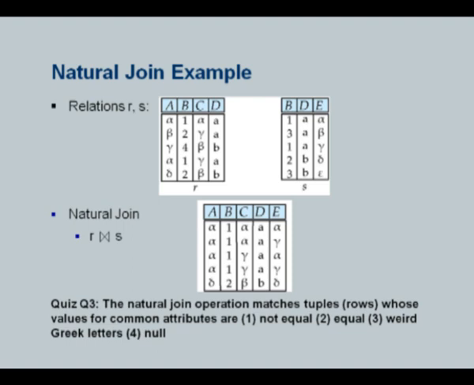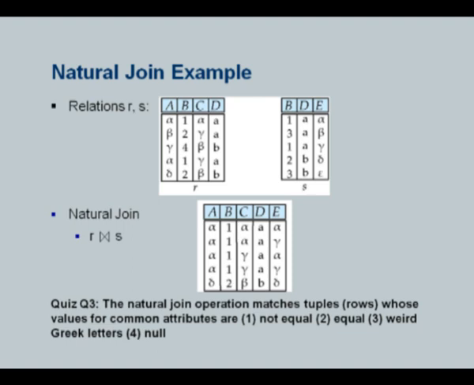The natural join operation is going to take all the common columns of these two. In this case, B and D are the common columns, and it will take a row of R and find all matching rows from S which have the same value for all the common columns, which are B and D, and it outputs all those combinations. So if you see here, alpha 1 alpha A, that is the first row, has BD as 1 alpha.